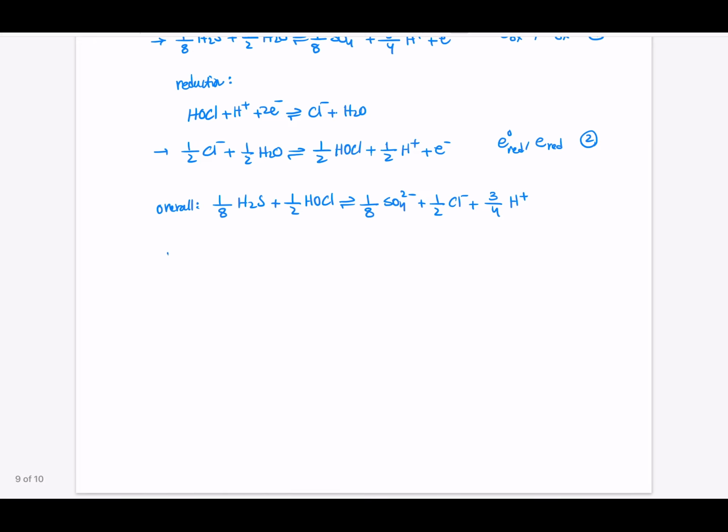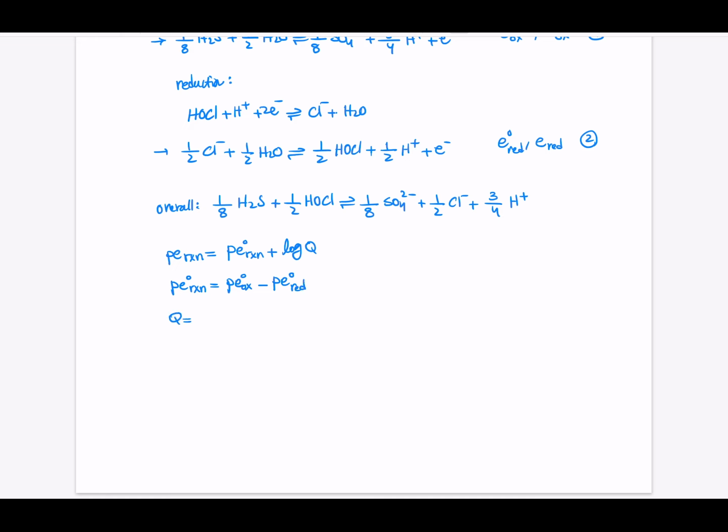So we know pE of reaction is equal to pE0 of reaction plus log of Q, so the Nernst equation. We also know pE0 of reaction is pE0 of oxidation, actually minus pE0 of reduction. We already have that.